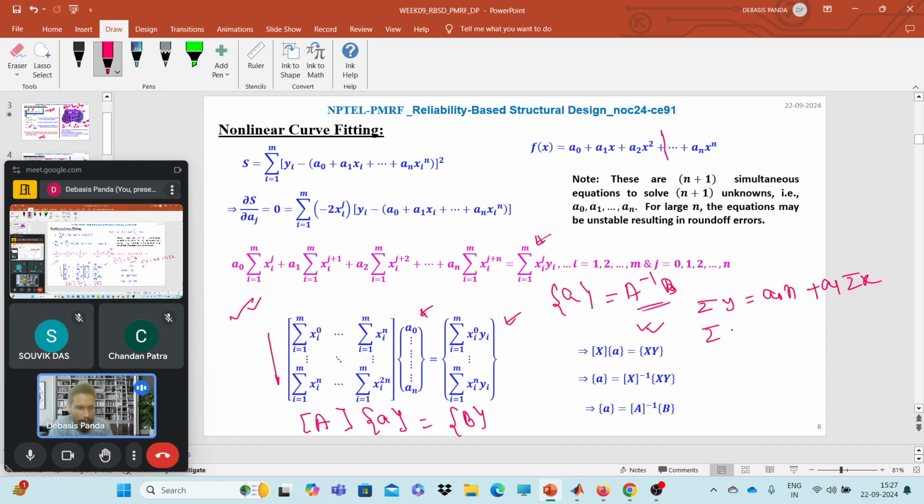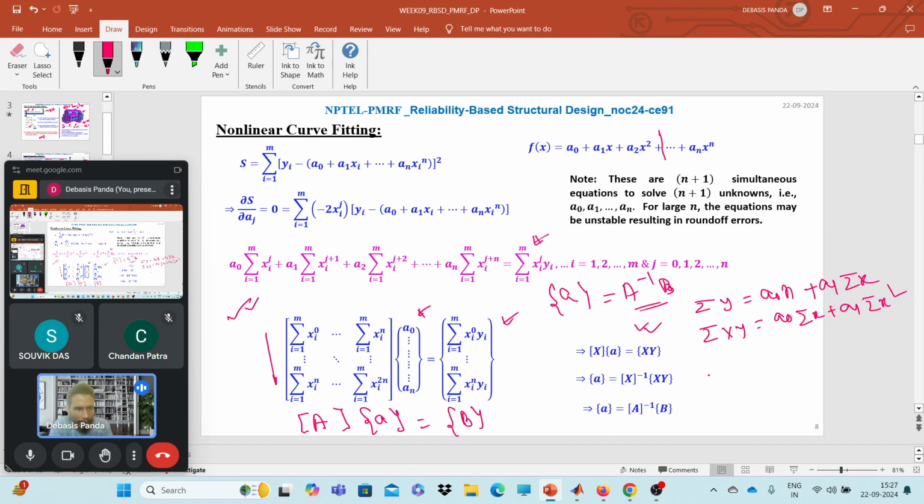The second equation will be summation of xy is equal to a0 summation of x plus a1 summation of x square. Now the third will be summation of x square y equals to a0 summation of x square plus a1 summation of x cube plus a2 summation of x to the power 4.